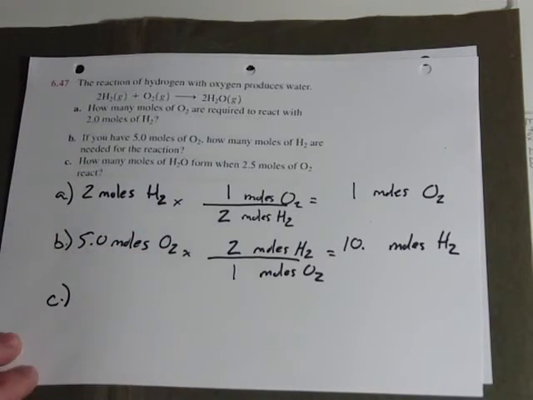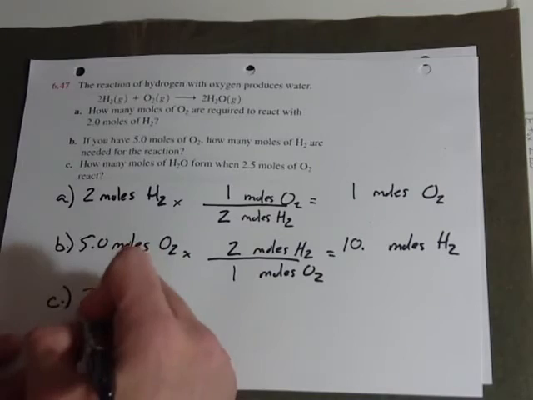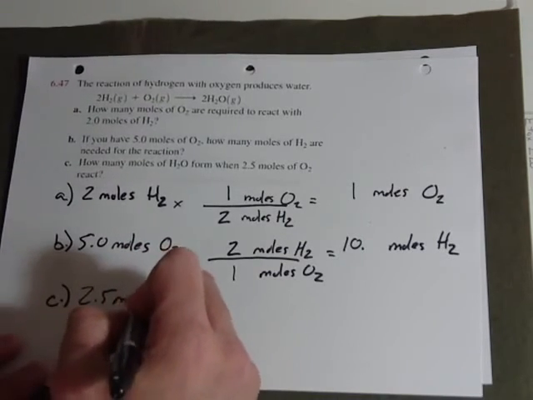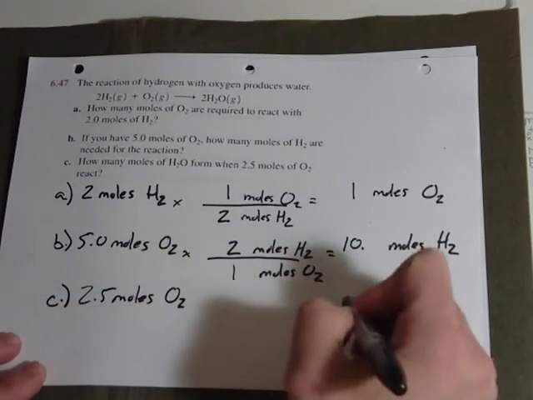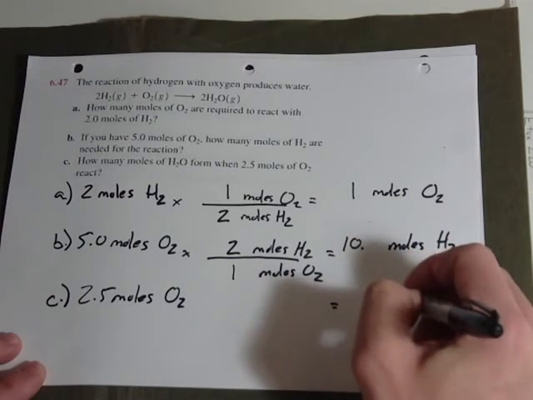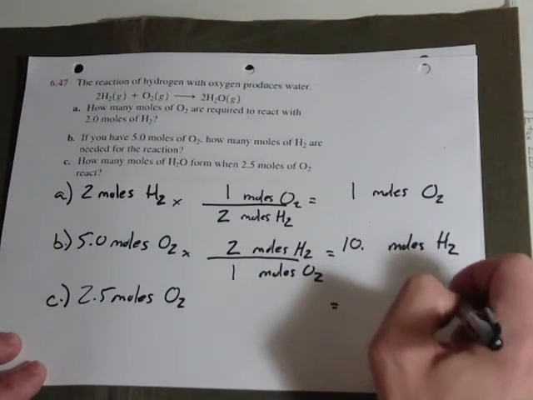And then in C, it says how many moles of H2O form when 2.5 moles of oxygen react. So here we have 2.5 moles of oxygen. We want to figure out moles of H2O.